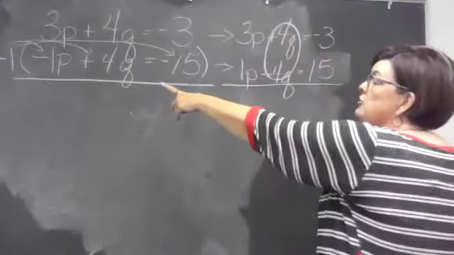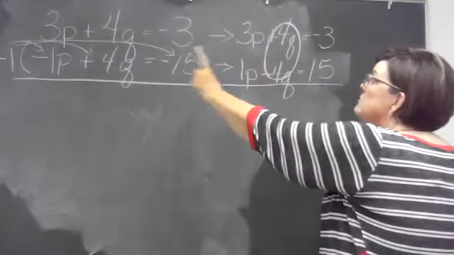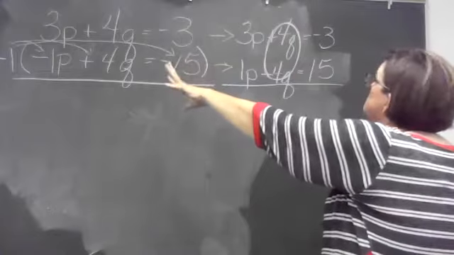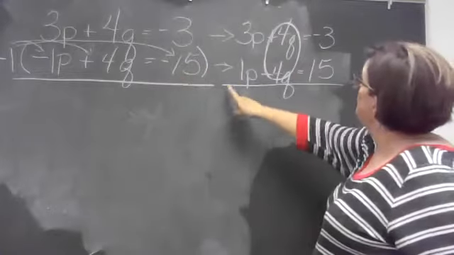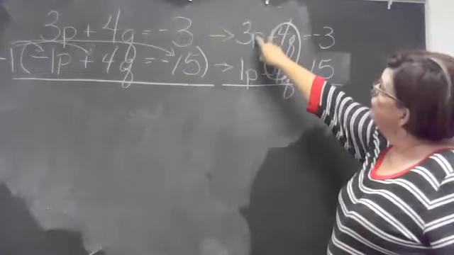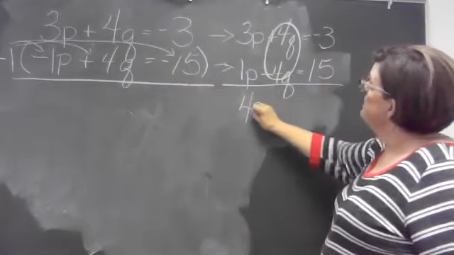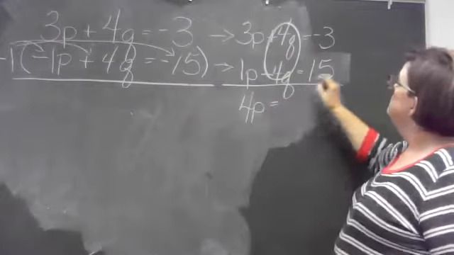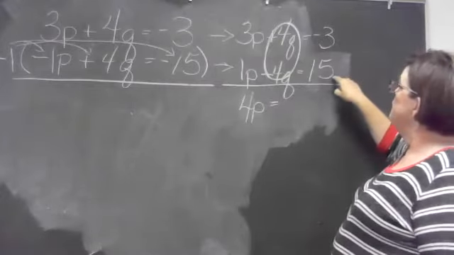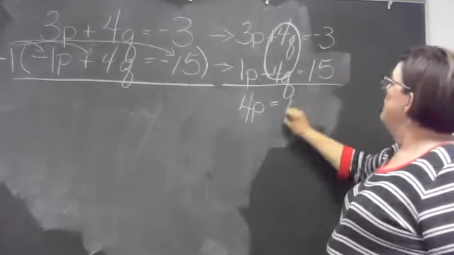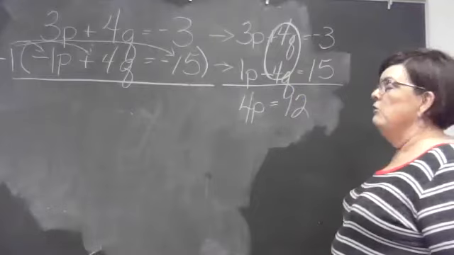Sometimes you'll have to change the original by taking it times some value. So this is the problem we're going to work now. I have 3 P's plus another P, so I have 4 P's equal to -3 plus 15, which is +12.